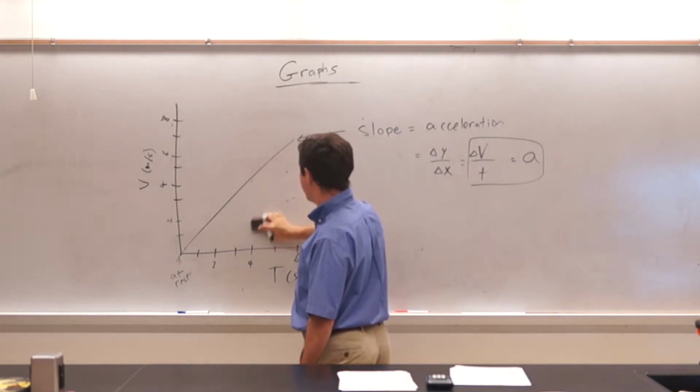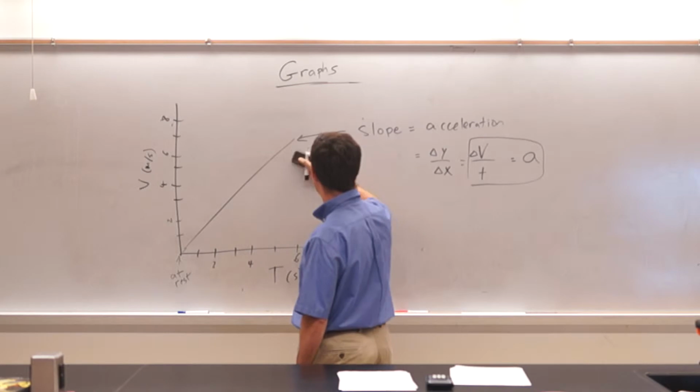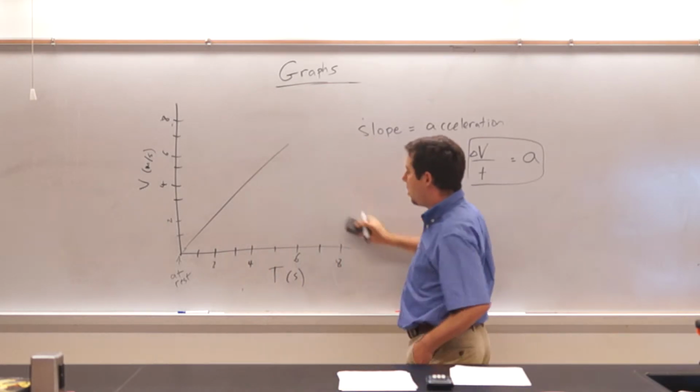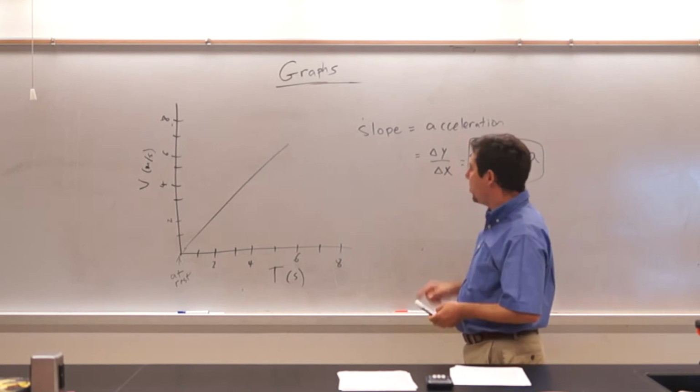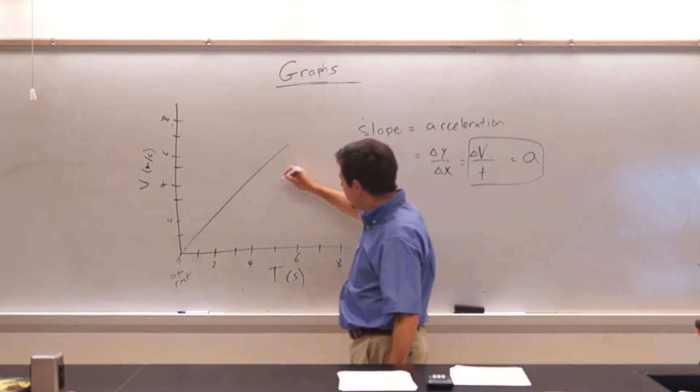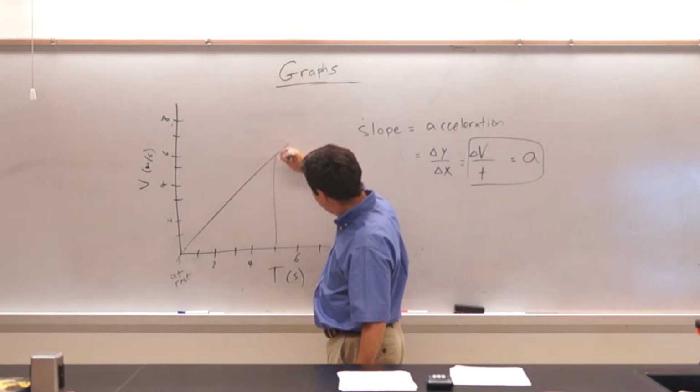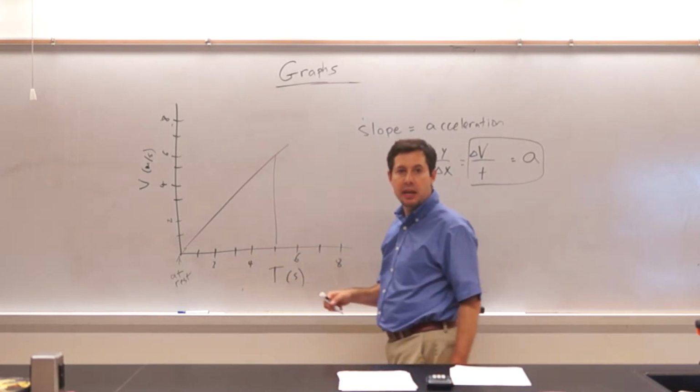There's one other thing that you can figure out from these graphs, and I'm going to draw another example in a minute. I told you the slope equals the acceleration. Let's say you pick an area between 0 and 5 seconds.